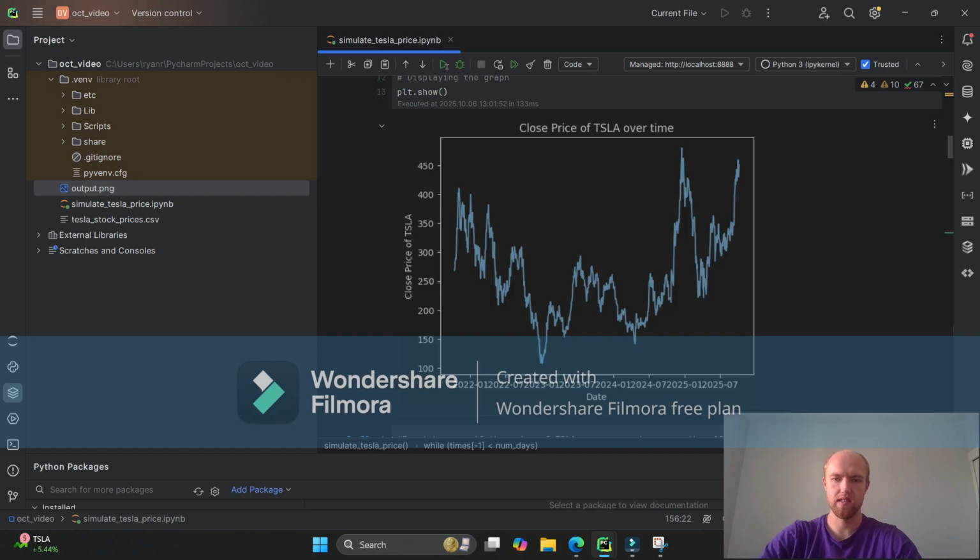looking at this chart of the price of Tesla over time, this observation that this simulation is going to be based around is that you can sort of picture these price fluctuations as periods of high growth and periods of high loss. So we're sort of walking along and then boom, there's an event.